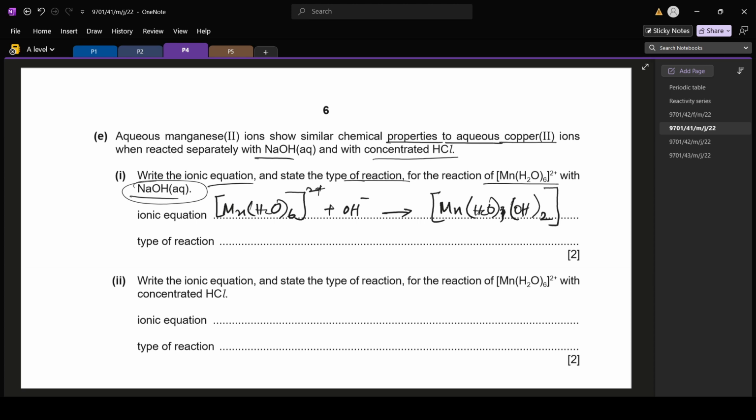So this will balance the charge. Okay, so this will be the complex plus the water which was eliminated. Now you have to balance the equation. This type of reaction is an acid-base reaction or a precipitation reaction. Okay, so this is an acid-base reaction. Here water is acting as an acid.